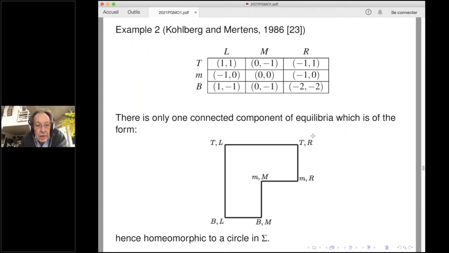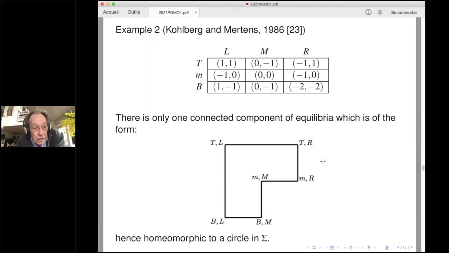So this line between TL and TR corresponds to the mixed strategy between top left and top right. Okay, it goes above M. This is the line going from, so this corresponds to a mixture where player 1 plays top and player 2 is playing a mixed strategy with support left, right. Here player 2 is playing right and player 1 is playing a mixture of top and middle, and so on.